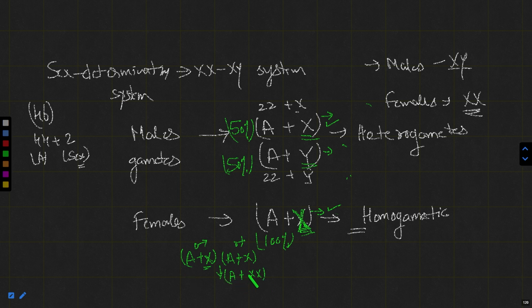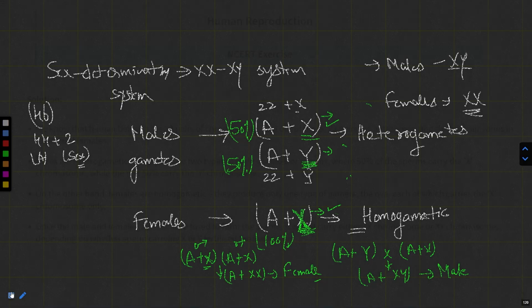So this will develop into a female. If the male gamete A plus Y fuses with the female gamete A plus X, then the progeny will be A plus XY. So this will develop into a male, and the other will develop into a female.